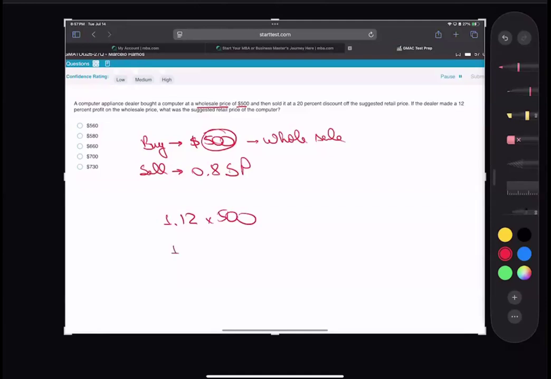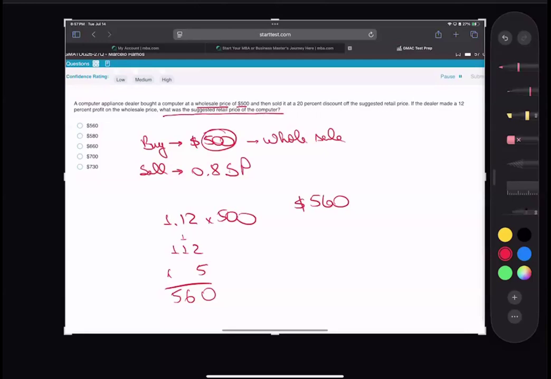So 112 times 5 is 560. Do you guys agree? What is this 560? What was the suggested retail price of the computer?